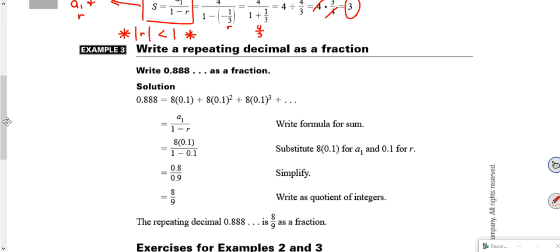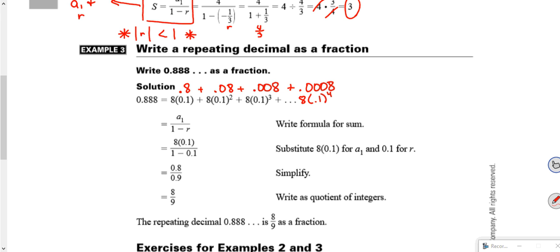So in their example here, they have separated 0.888... into 0.8 plus 0.08 plus 0.008 plus 0.0008. The next term would have been 8 times 0.1 to the 4th power, and so on and so forth.